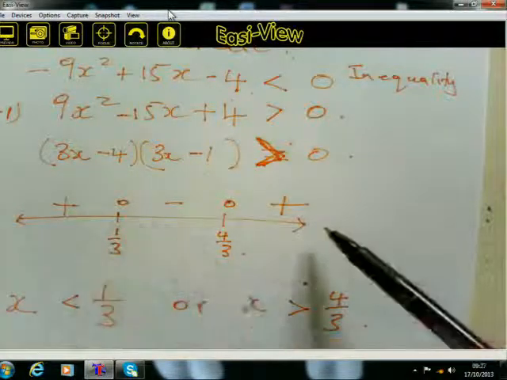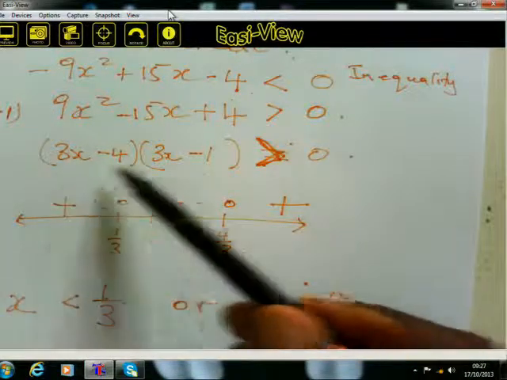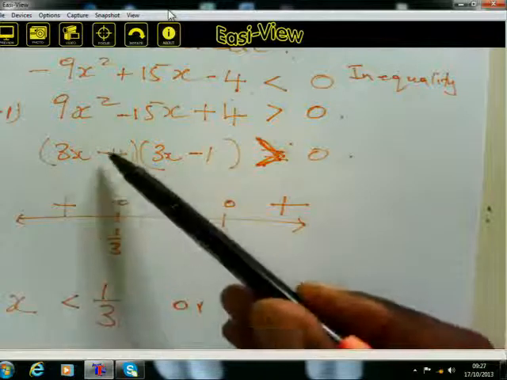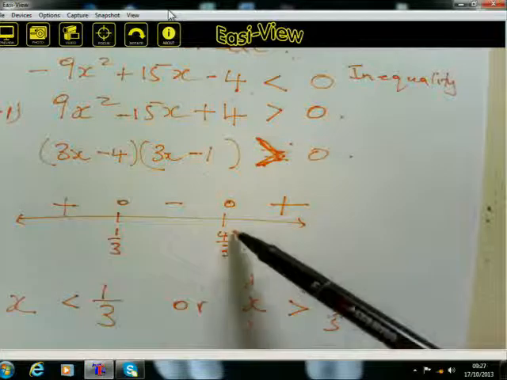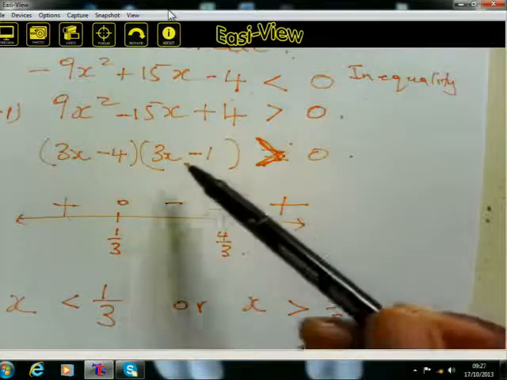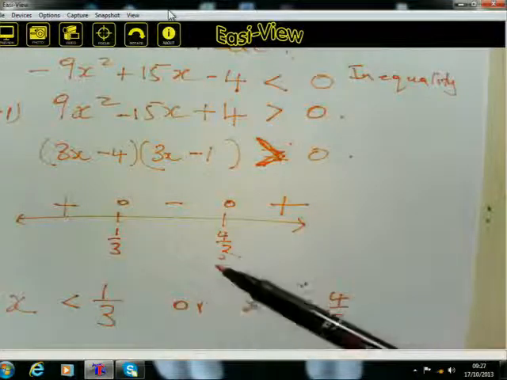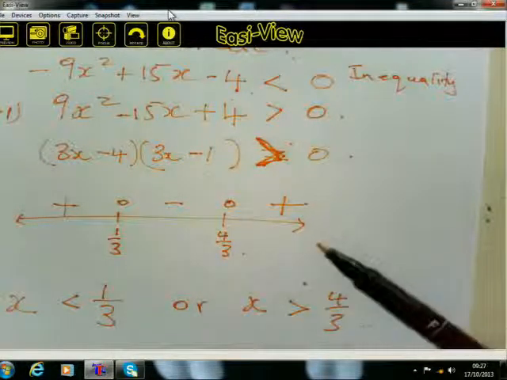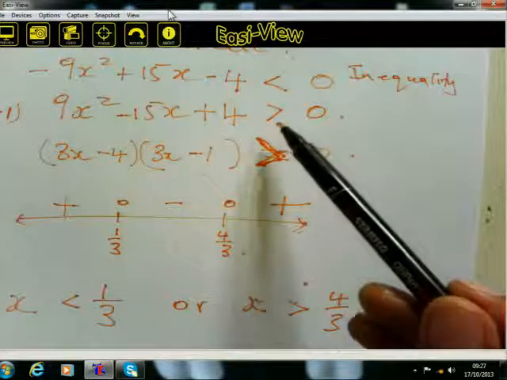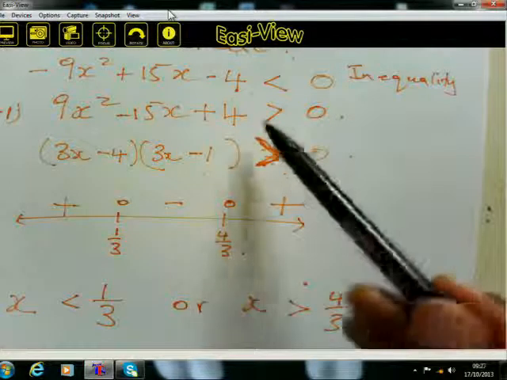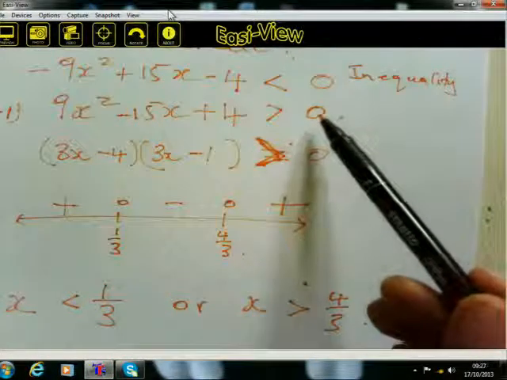Now, what happens is this. I'm going to draw a number line, and on this number line, for this to be 0, I'm going to have x to be 4 over 3, and for this x to be 1 over 3. Then I am going to check here. How am I going to check? Here we are talking about greater than, and I know something greater than 0 means something that is positive.